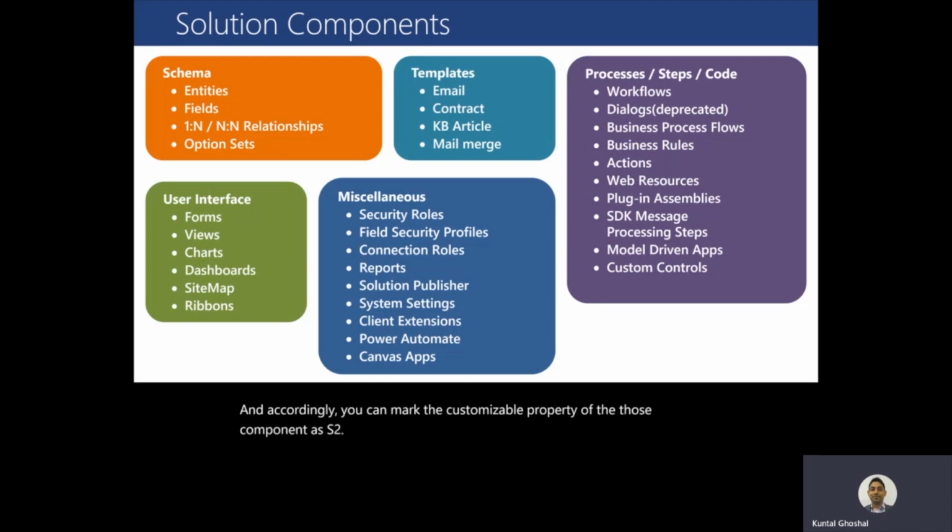Now, some of the solution components here, as you can see, we largely categorize as schema, user interface, template, miscellaneous, which is a box containing multiple different components, and processes or steps of code. I'm not going to explain much detail because we will be talking about most of these in the coming slides.